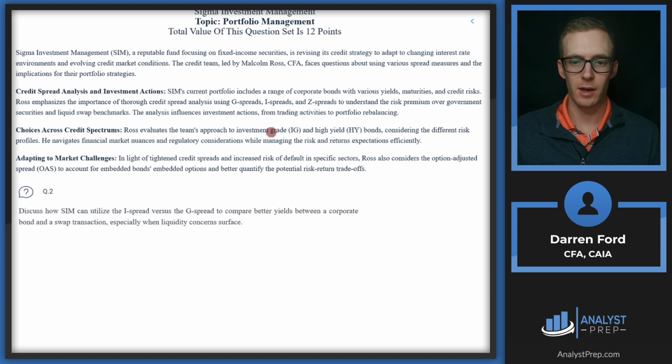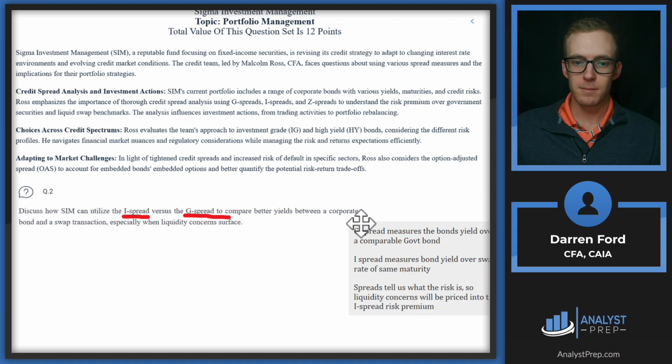So no new info there. So essentially what we need to do here is differentiate between the I spread and the G spread, and then tell which one would be better for evaluating the yields between a corporate bond and swaps, especially when liquidity concerns surface.